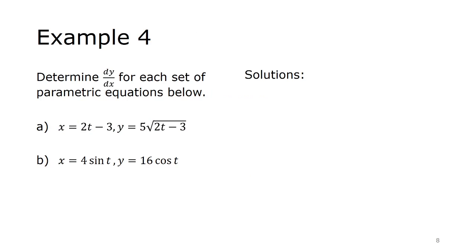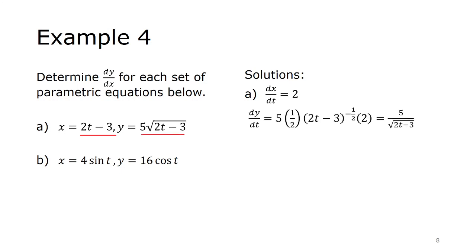In fact, 2 small examples of that. For each of those parametric equations, see if you can determine dy dx. Again, for the first one, we'll calculate dx dt. The derivative of this x function with respect to t is simply 2. The derivative of the y function with respect to t is a little bit more complicated. We'll need a chain rule there.